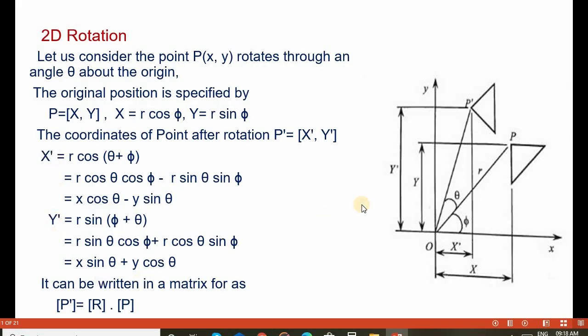The x dash and y dash are the new rotated object coordinates on the x axis and y axis, that is P dash. So the original object P has been rotated into P dash, the rotated object, by angle theta. This is the principle of the rotation process.